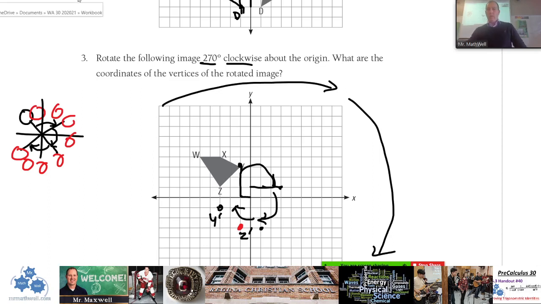And you know what? Worst case scenario, if you take a little piece of paper, and you put your piece of paper on your workbook, and you press really hard, and you trace your X and Y, and then trace out this shape.